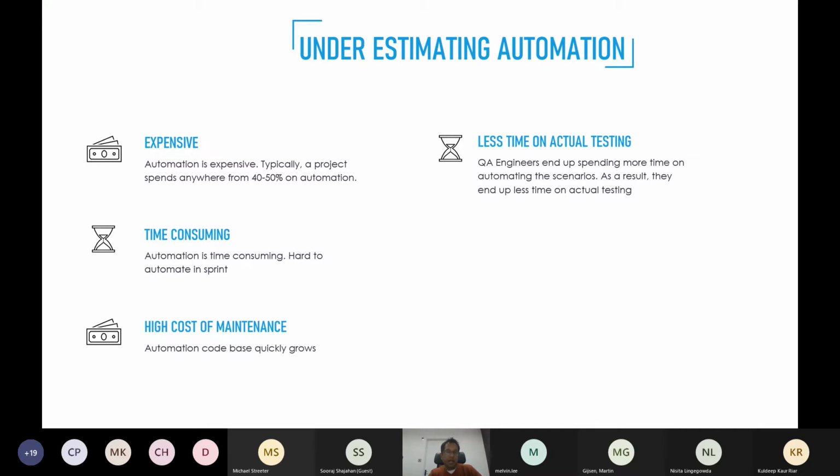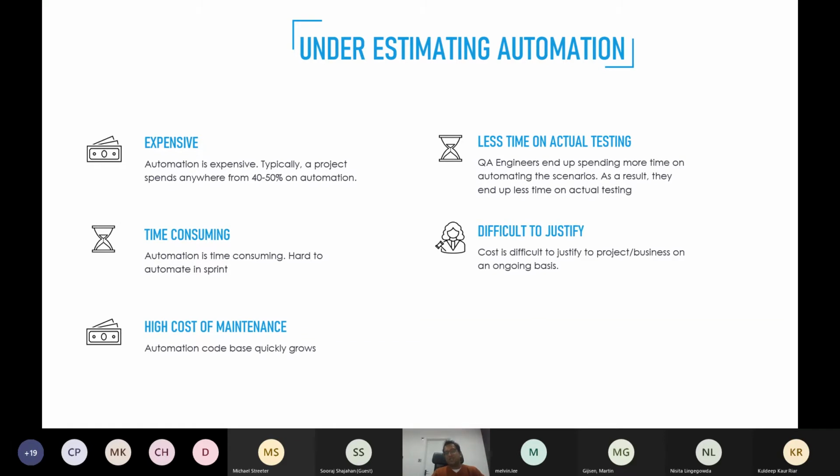So when they get stuck, it could be just anything. It could be they haven't initialized a variable, or it could be an environment issue. They'll end up spending more time on coding and less time on testing. They'll start compromising on testing. But the whole purpose of the automation engineer is to do proper testing, which defeats the purpose.